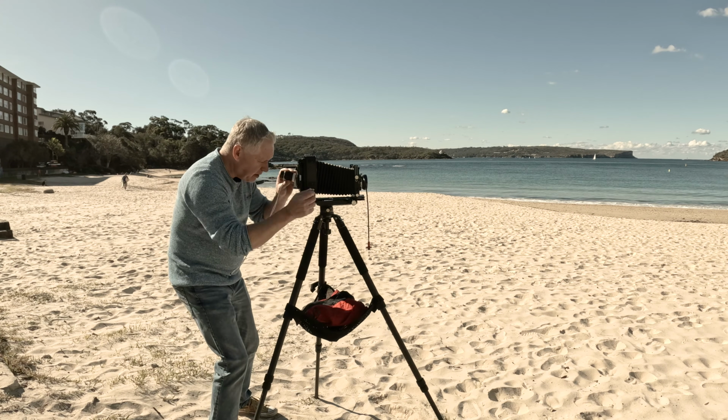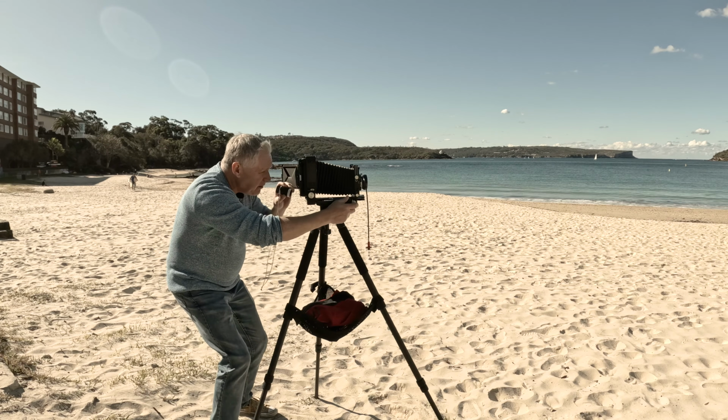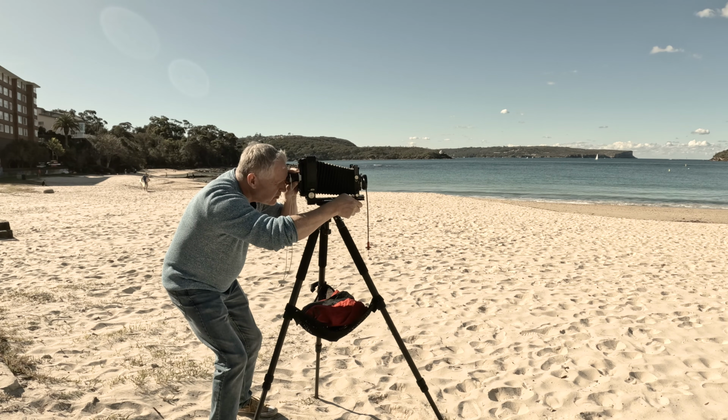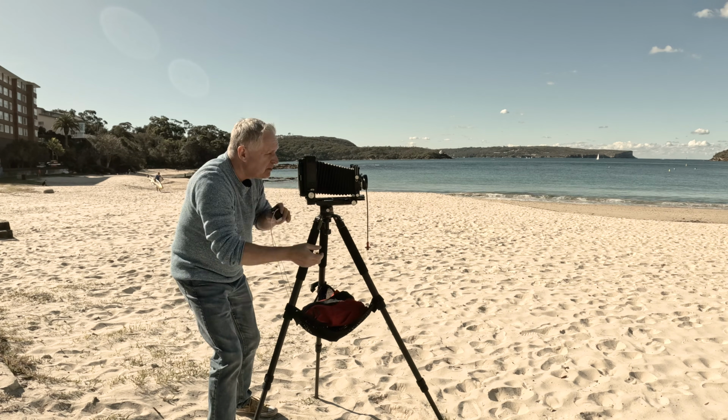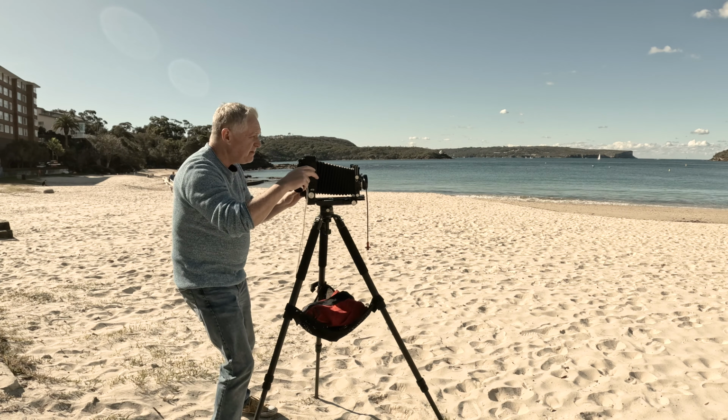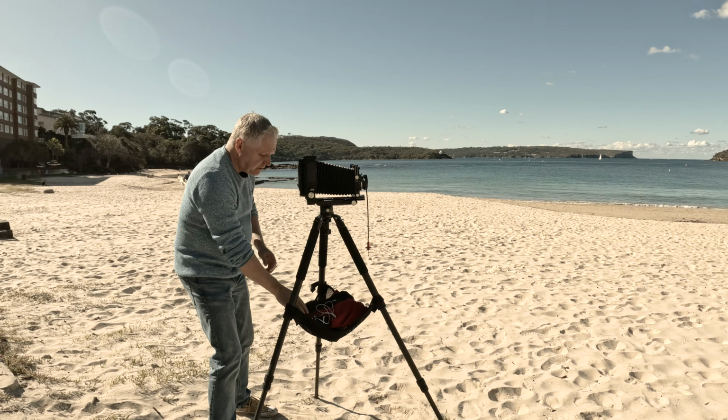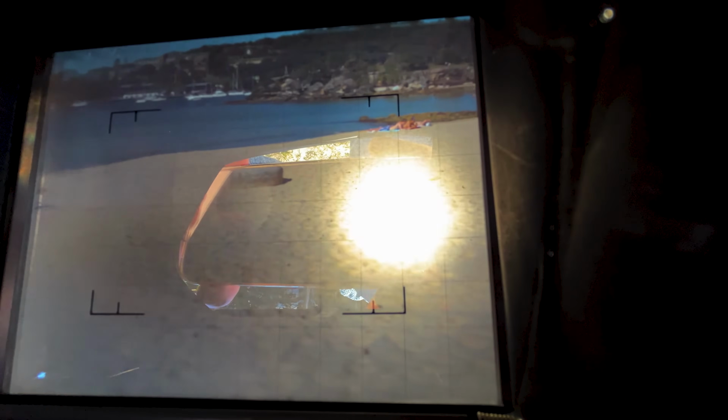This isn't a fancy picture, I'm just getting it. I'm going to focus on that stormwater vent there. Okay. I should show you what I'm taking a picture of. Quick and dirty picture there.